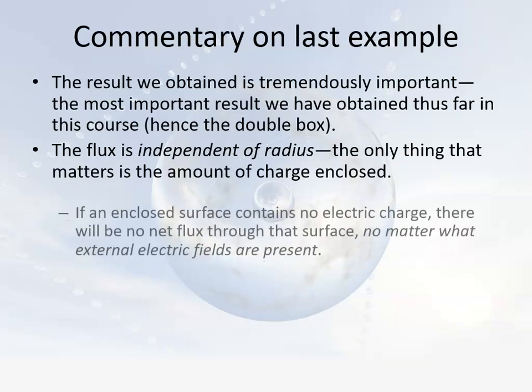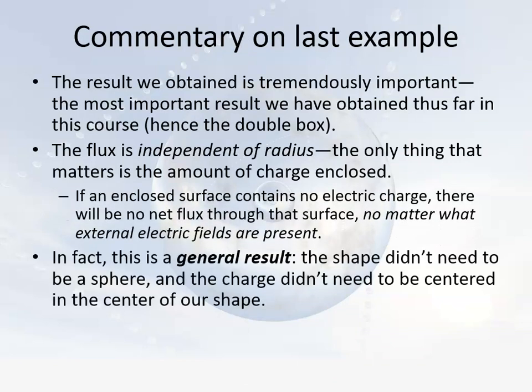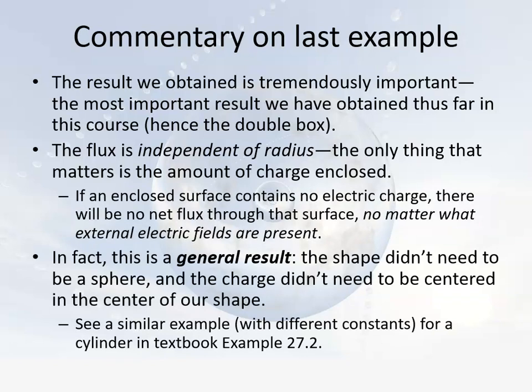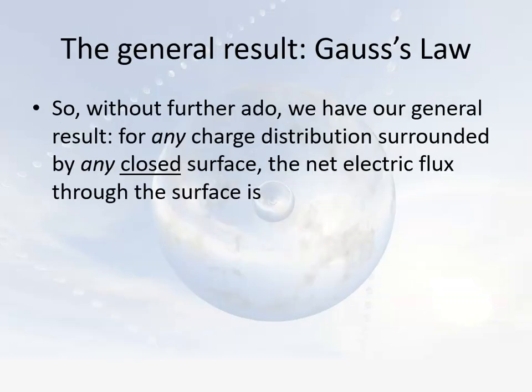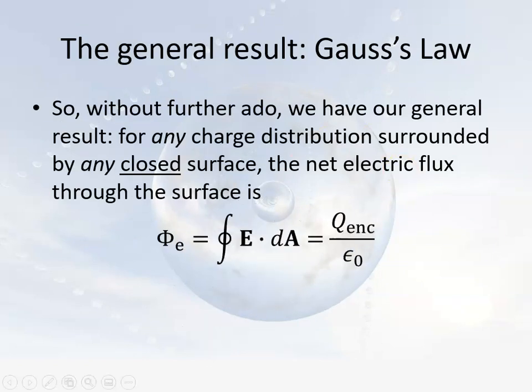In other words, this is a general result, and it's one that you should definitely memorize for the rest of your lives. So here it is again: the electric flux through any closed surface, which is defined by this integral, turns out to be equal to the enclosed charge divided by this epsilon naught.